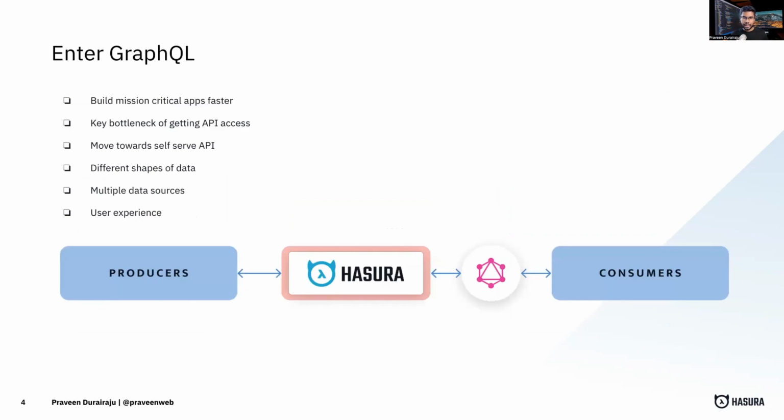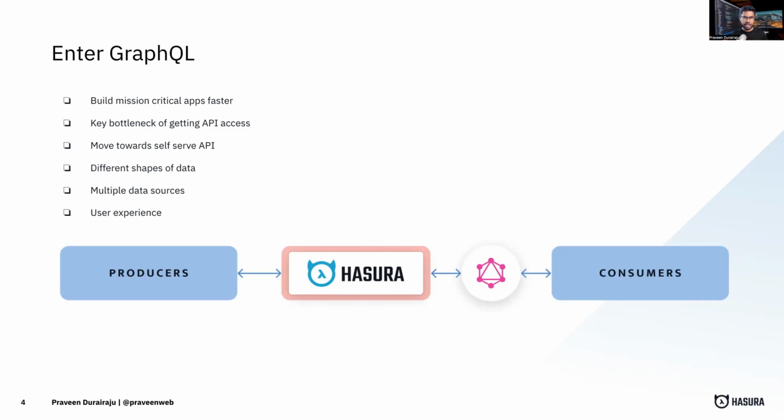So the data access layer could be GraphQL, because it solves a lot of these problems where it allows you to query data from multiple sources pretty easily because the syntax lets you do that pretty seamlessly. You have different shapes of data, multiple data sources, obviously. And because GraphQL is self-documenting, it allows consumers to not worry about the backend infra, the data source that they're querying from, and hence just worry about implementing it on the front end, right?